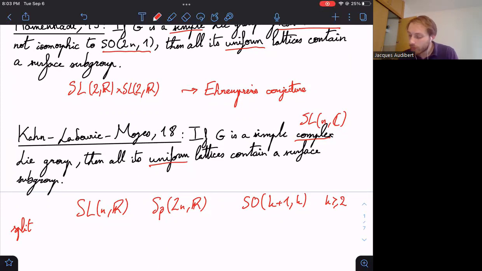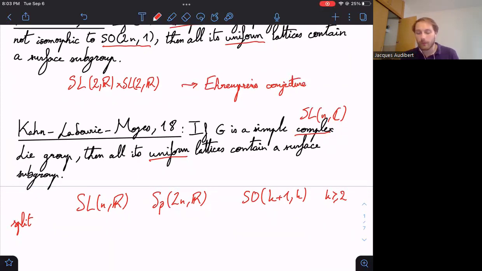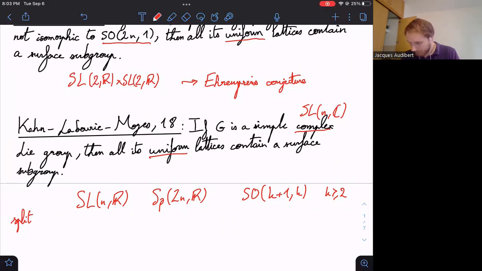So recently a proof has been announced by Hamenstädt and a lot of collaborators and postdocs and people that work with her. They announced that they can prove that uniform lattices of these groups contain a surface subgroup.